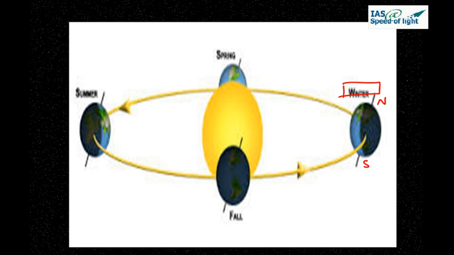So this time we can see this is the shaded region, and the north pole this time is experiencing 24 hours darkness. This is the winter solstice for the northern hemisphere. Similarly, during this time we can see this is the south pole and it is getting 24 hours light.